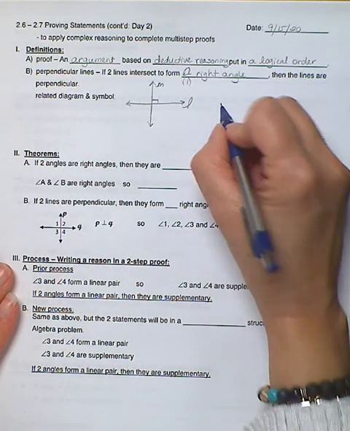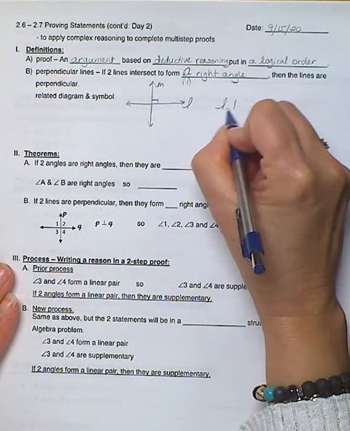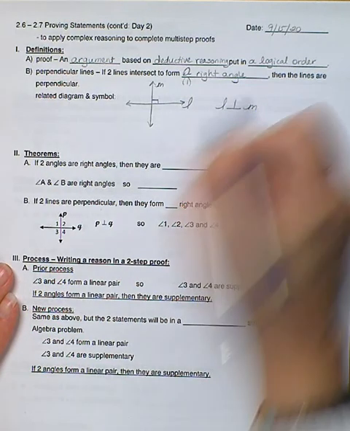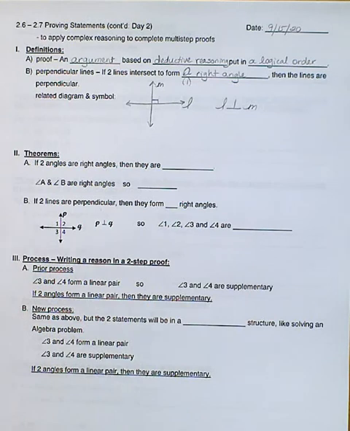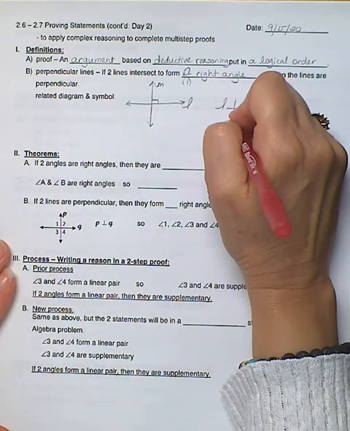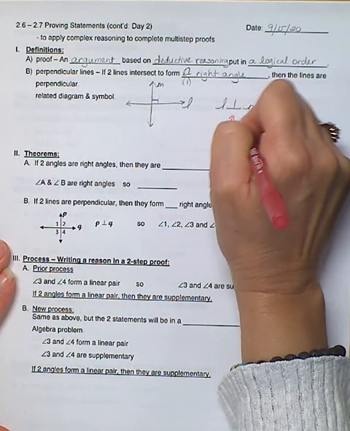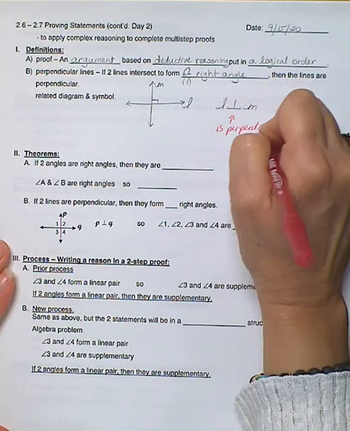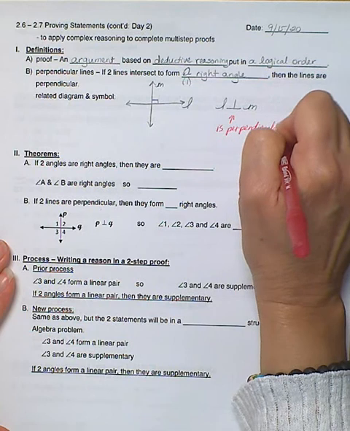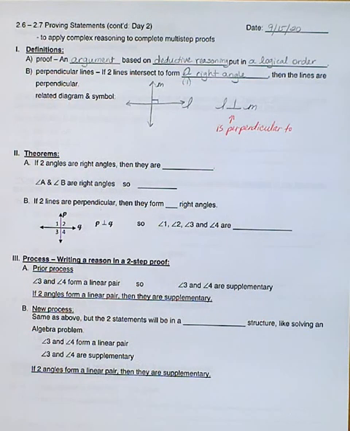So line L is perpendicular to line M. So an upside down T is the symbol for is perpendicular to. So that one little symbol is for 3 words. Line L is perpendicular to line M.